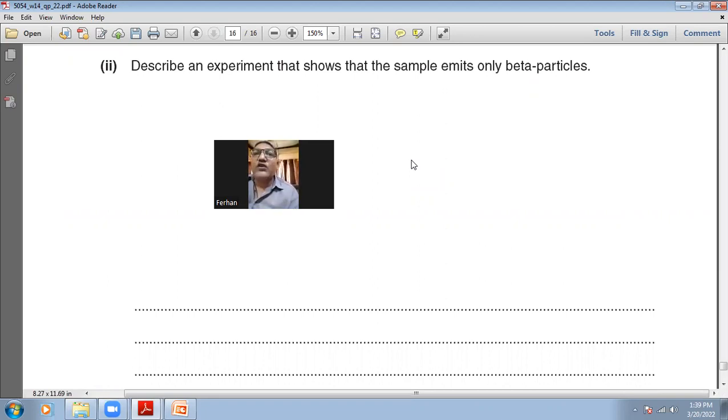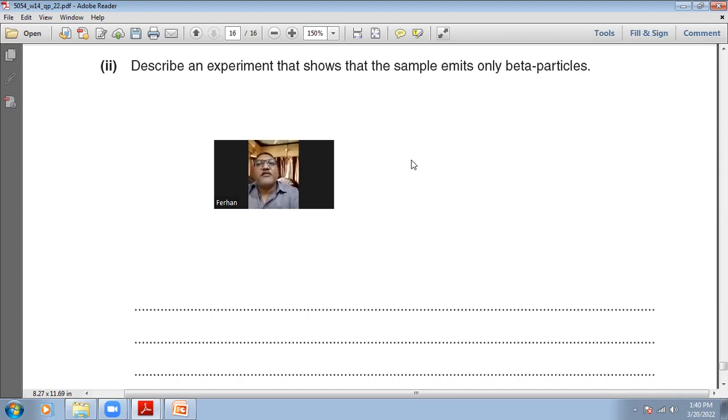You note it down, and then you put the sample in front of the GM tube, a few centimeters away, to make sure that if alpha particles are coming, the GM tube can detect them. Note down the reading of the sample, and then put a paper between the sample and the GM tube.